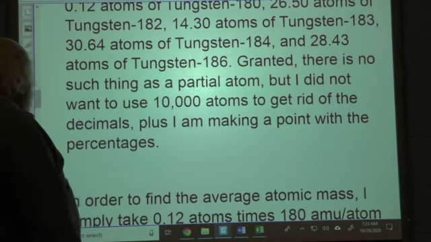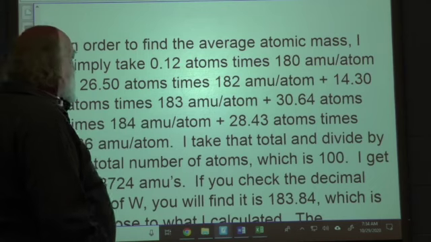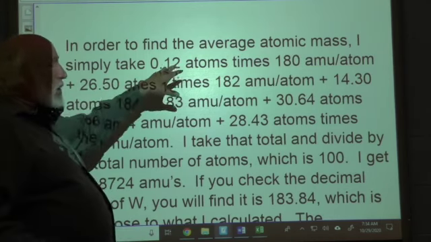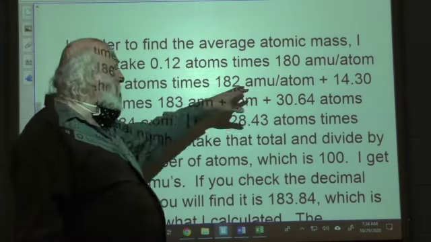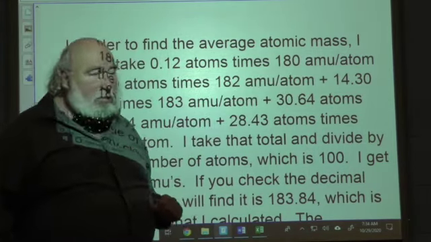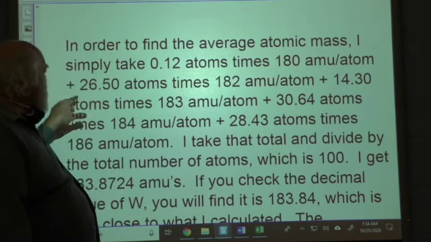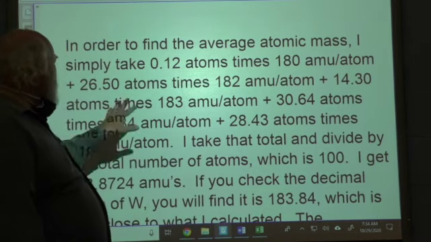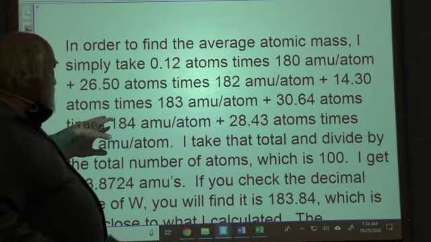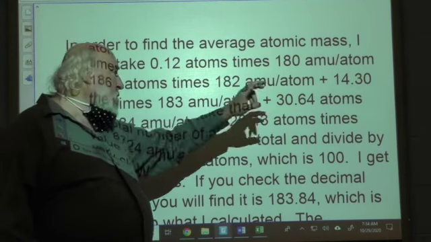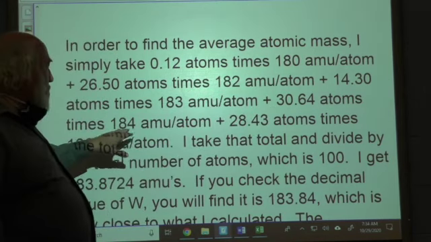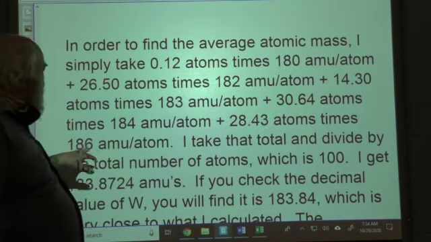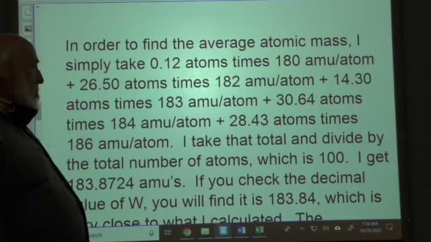Okay? So, in order to find the average, I'm going to take the 0.12 atoms and multiply by the mass of that atom, which is 180 AMUs per atom, plus 26.50 atoms times 182 AMUs per atom, plus 14.30 atoms for 14.30% times 183 AMUs per atom, plus 30.64 atoms times 184 AMUs per atom, plus 28.43 atoms times 186 AMUs per atom.